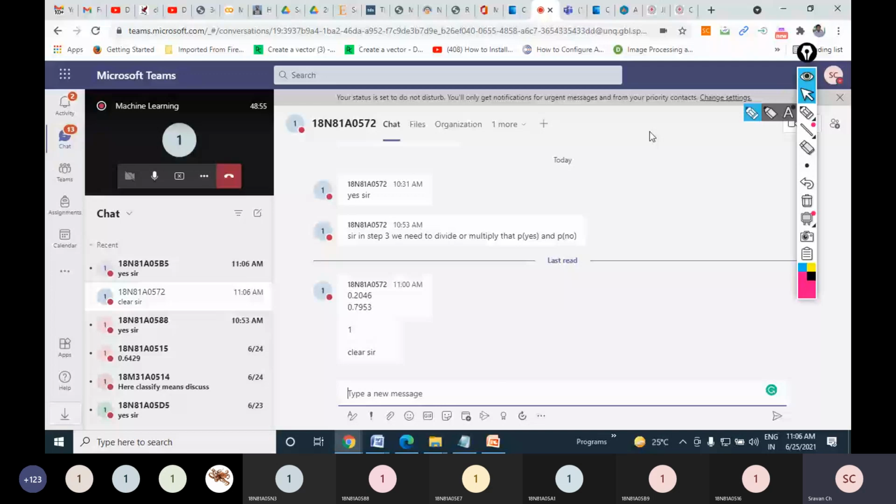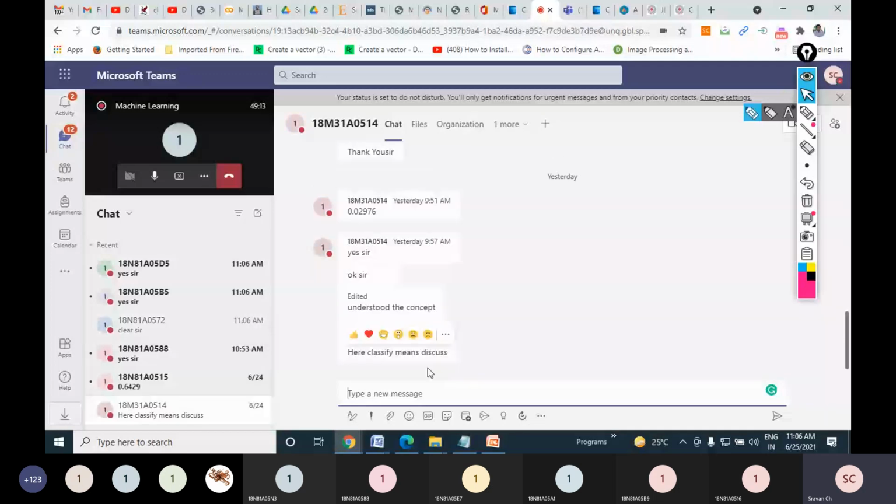There is one question from 514. What will a classifier classify here? Classification is by the outcome variable. See here, how many different possible outcomes are there? We have two possible outcomes, right? Either he will go for playing tennis or he will not go for playing tennis. So yes or no. These are the two classes.